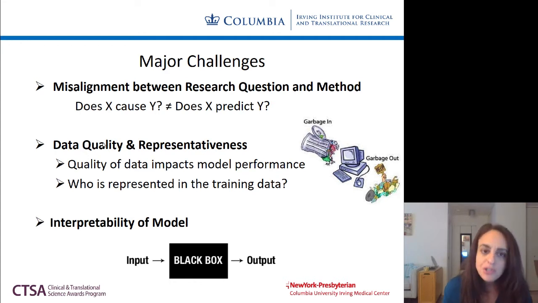The second challenge that is often faced, it's sort of a double challenge, is data quality as well as representativeness. And these are really two different things. When we think about epidemiology and public health, we always think about measurement error, right? Are we measuring things correctly? And are the variables that we have measured good constructs for what we're really trying to understand?